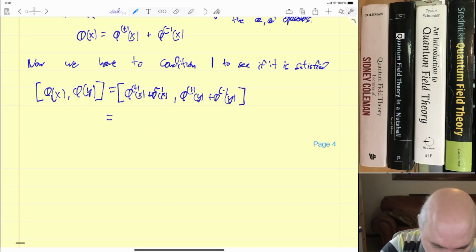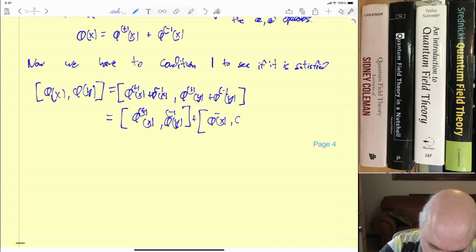Now this is equal to the commutator of phi plus x, phi minus y plus the commutator phi minus x, comma, phi plus y.